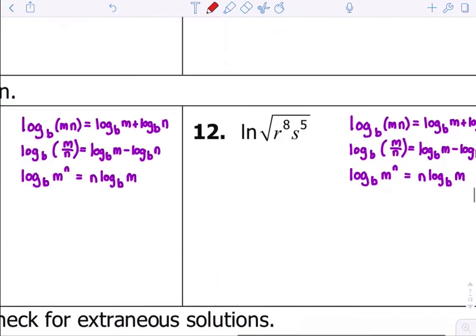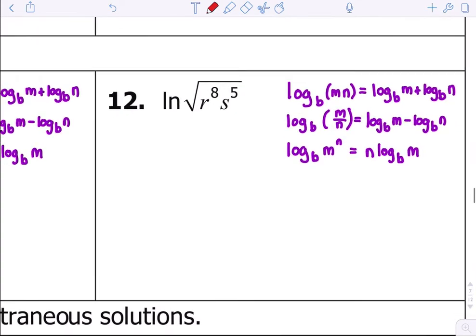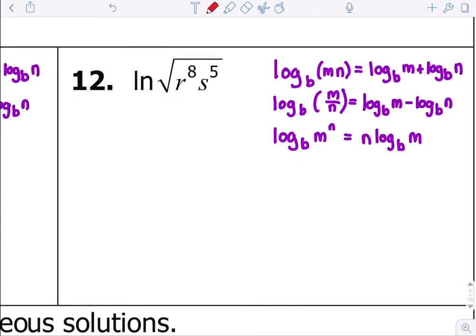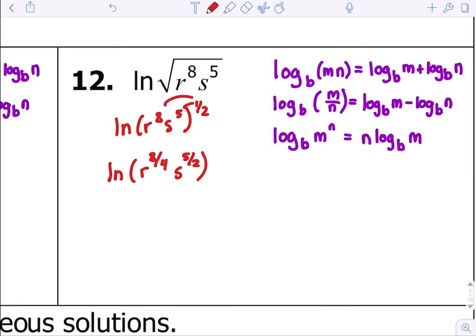All right, number 12. So let's change the square root to be a power. So natural log of r to the 8th, s to the 5th, to the 1/2 power. And now let's distribute. Natural log of r to the 8 over 4 and s to the 5 over 2. 8 over 4, you guys, for the r is just r to the 2nd.